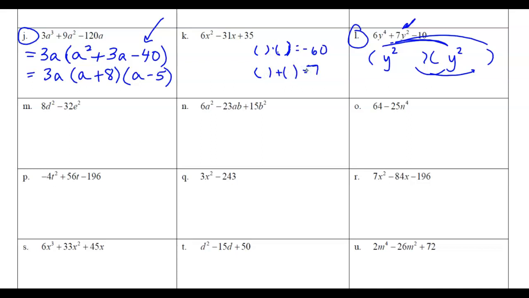So what two numbers work for that one? Factors of 60. So 1 and 60, no. 2 and 30, no. Negative 5 and positive 12, yeah.